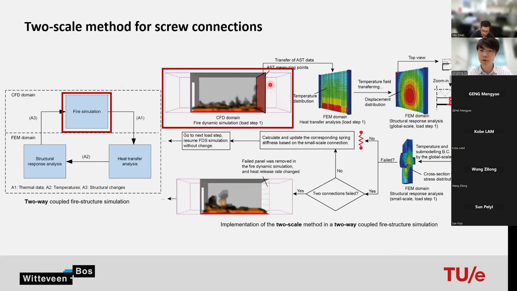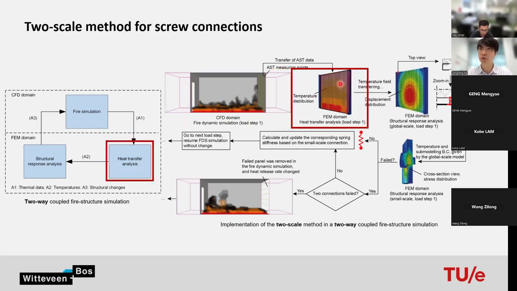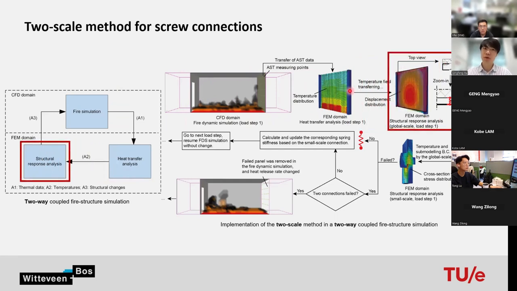And this thermal data can be imported in the finite element domain to do the heat transfer analysis. So we can obtain the temperature distribution over the thickness direction. And this temperature distribution can be imported in the structural analysis model, so in this way we can check the deformation of the sandwich panel.